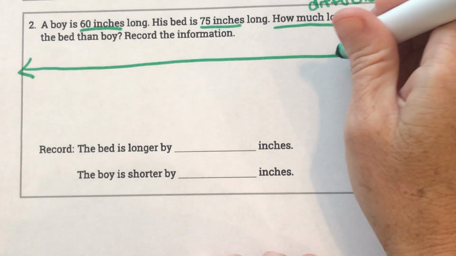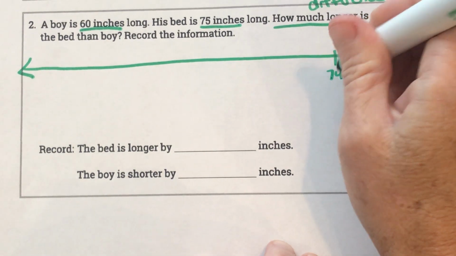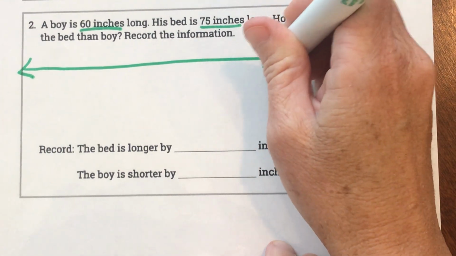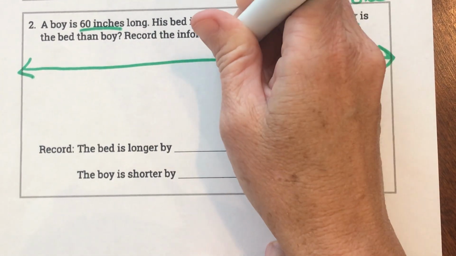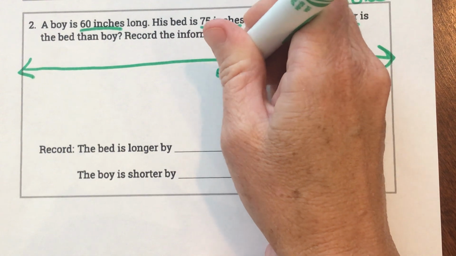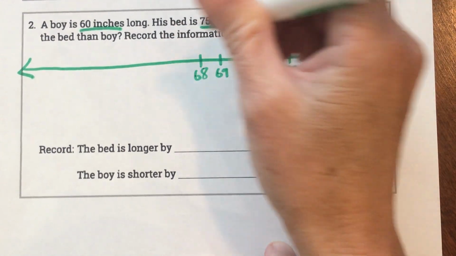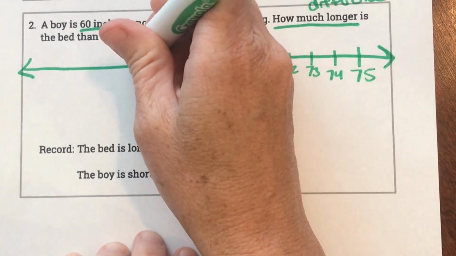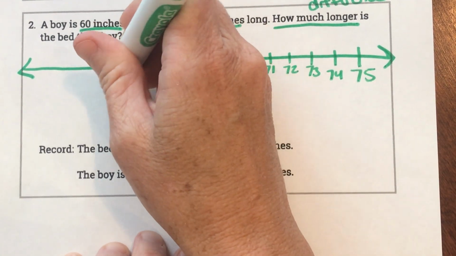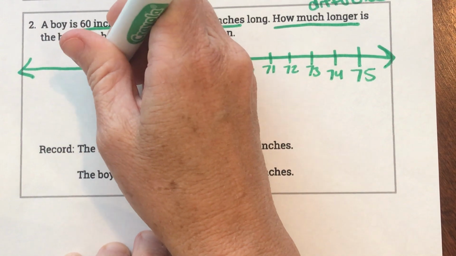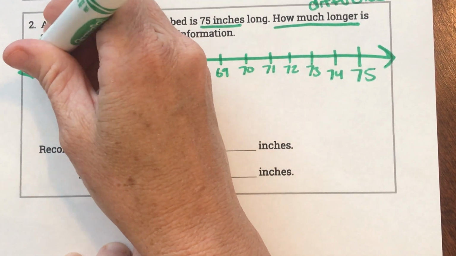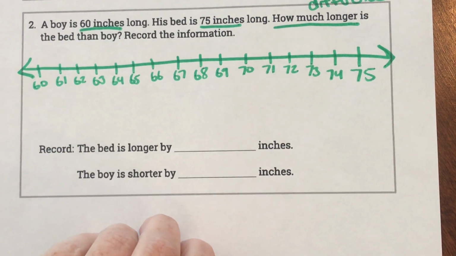Okay, so I would have 74, 73, 72, 71, 70, 69, 68, 67, 66, 65, 64, 63, 62, 61, and 60. And boy, I barely got it in again.